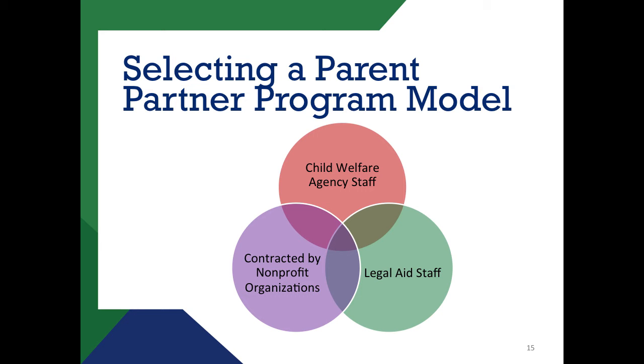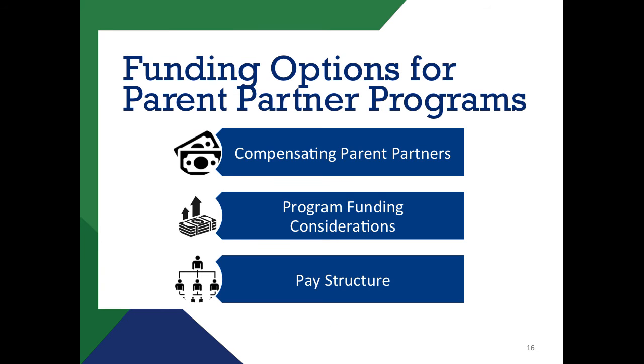Next slide. We're going to talk a little bit about funding and compensating parent partners. Parent partners, of course, should be compensated for everything they do. Our parent partners are compensated from their initial meeting, all their face-to-face support, family team meetings, emails, texts, mileage, and training expenses.